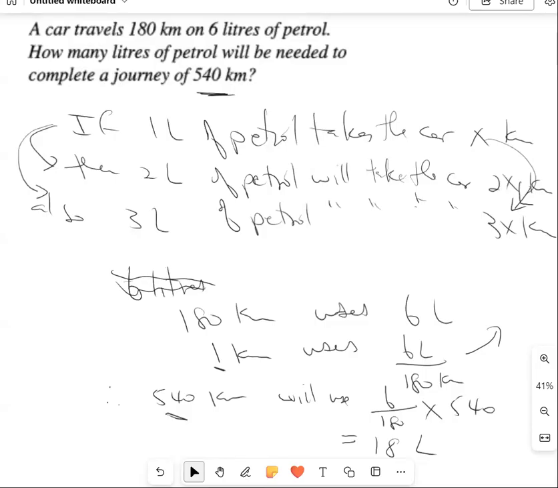I'll show you another approach now. I'll erase this, because I want to work right here.